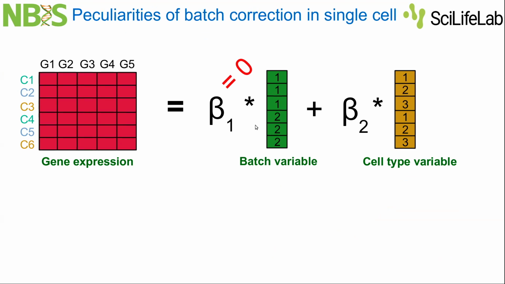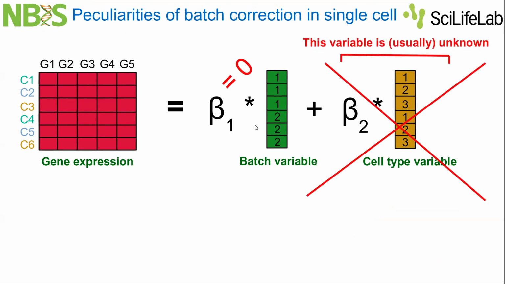While in single cell, we actually don't have this variable. So that's a complication. This variable is actually what we want to learn when we are doing our single cell gene expression analysis.